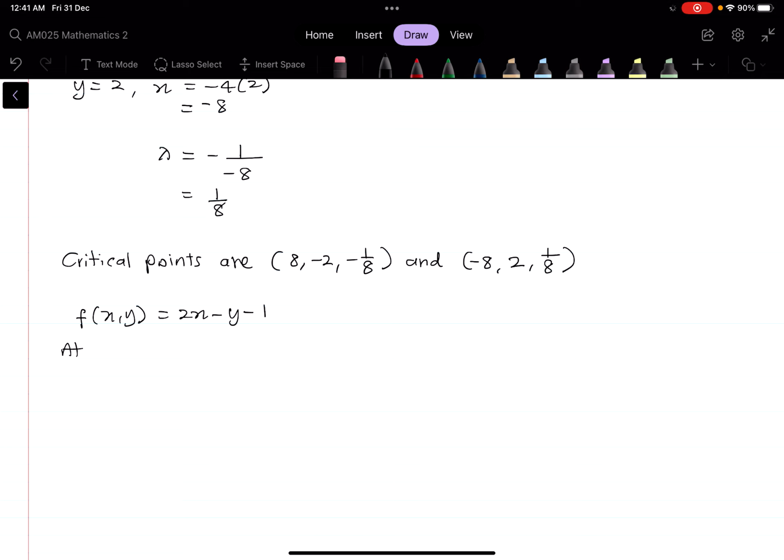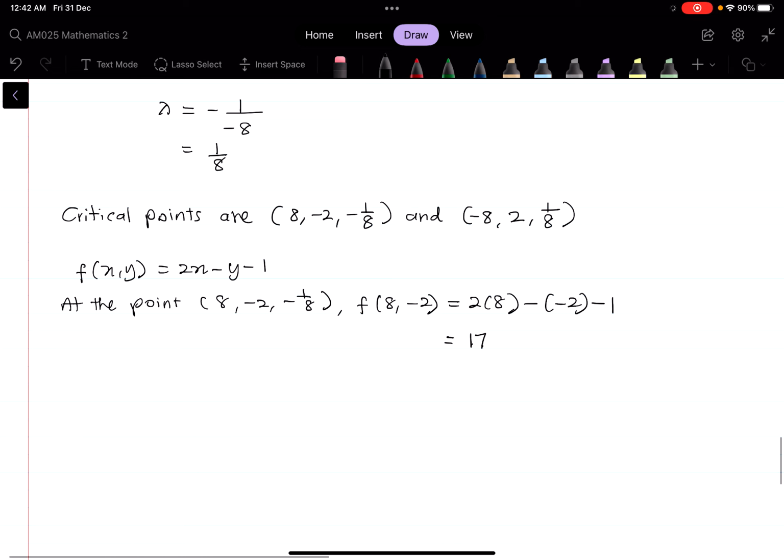So at the point (8, negative 2, negative 1 over 8), we substitute the values 8 and negative 2 into f: 2 times 8 minus negative 2 minus 1, and we have positive 17.